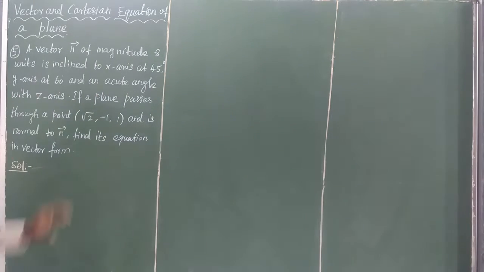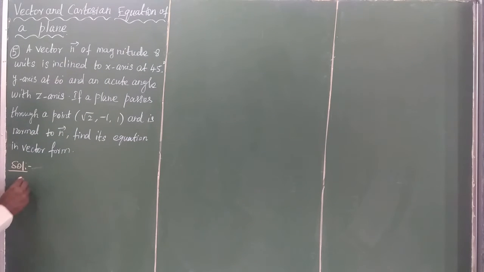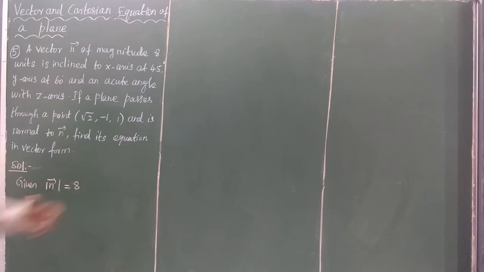What is given? The magnitude of n vector is 8 units. The inclination with the x axis is 45 degrees, that is alpha is equal to 45 degrees.